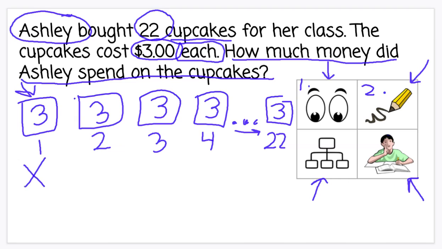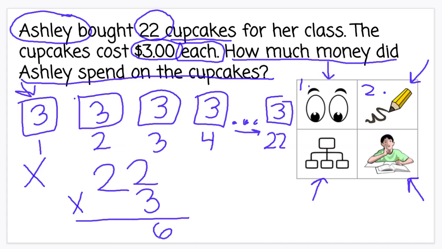I need to multiply the number of cupcakes I had, 22, times the price of the cupcakes. So to solve this problem, I'll be multiplying 22 times 3. So I know that 3 times 2 is 6, and 3 times 2 is 6. After multiplying, I know that Ashley spent $66.